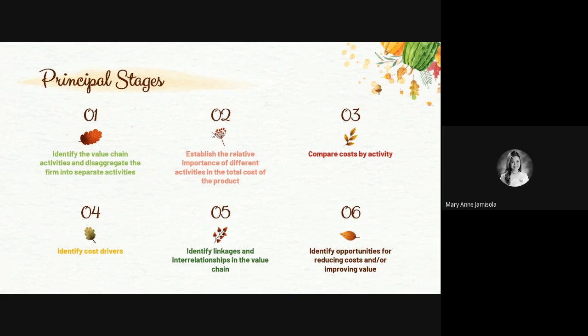Third is to compare costs by activity. Fourth is to identify cost drivers. The fifth stage is to identify linkages and interrelationships in the value chain. And the last stage will be to identify opportunities for reducing costs and or improving value.